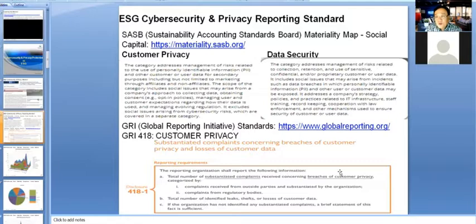Usually nearly every public enterprise and mid-sized company, because of their relation with shareholders, stakeholders, and investors, publishes annually how well they perform in ESG related matters.